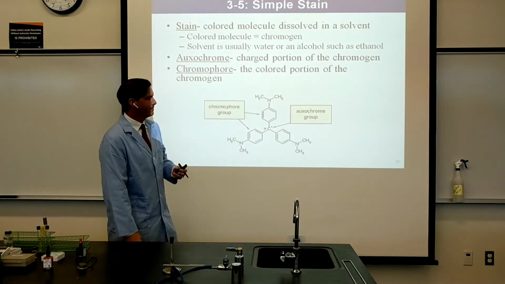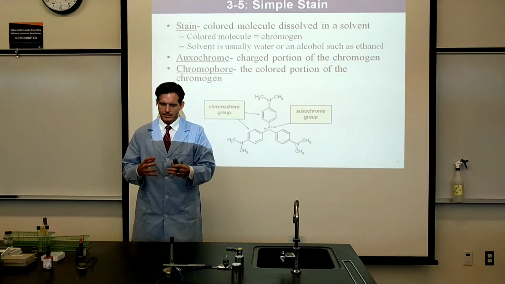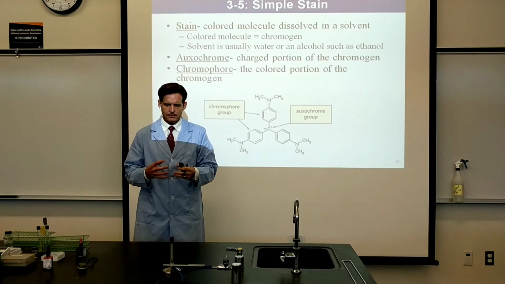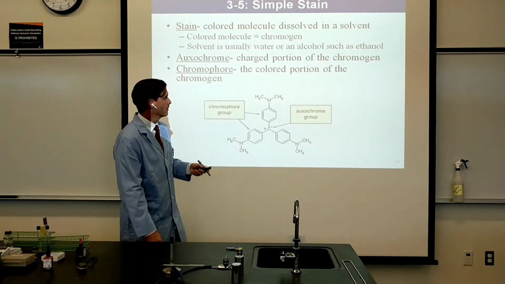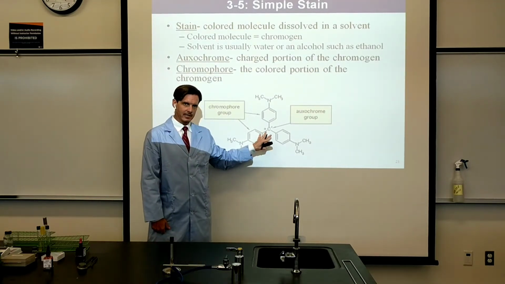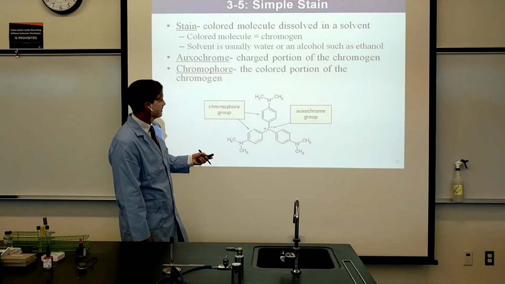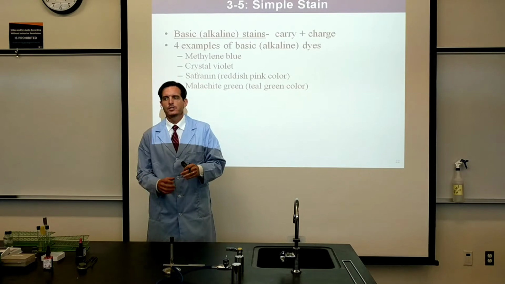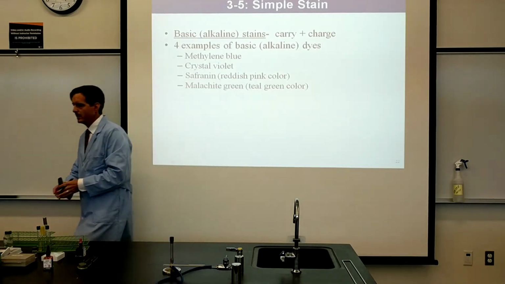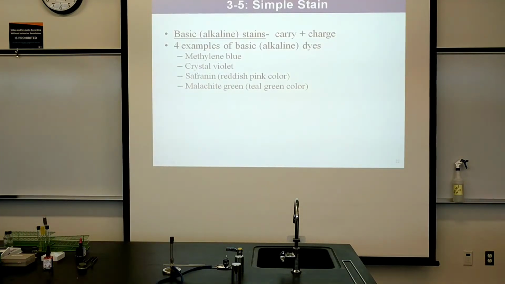The reason for that is that cells have the opposite charge. So stains typically have a positive charge, and I'll use this page right here to draw a little diagram so you guys can remember that.